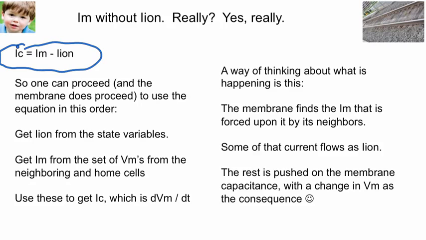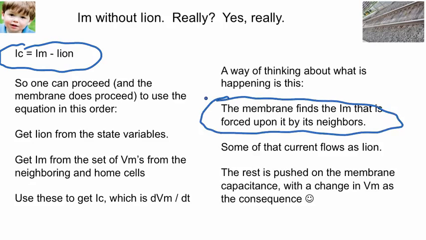Suppose some robbers stop the train. They stop the train and they demand a ransom of $100,000. In that case, the membrane finds that Im is forced upon it by its neighbors. Or in this case, the train finds that these robbers have stopped the train and demanded a payment of $100,000 to let it go forward.